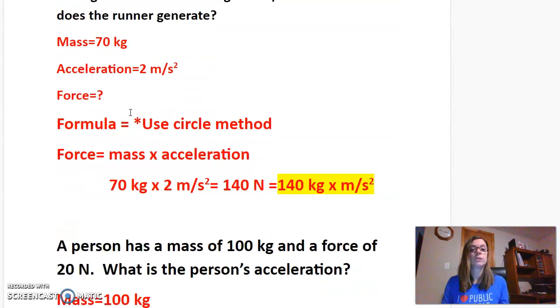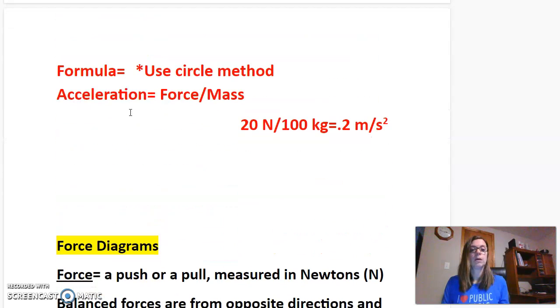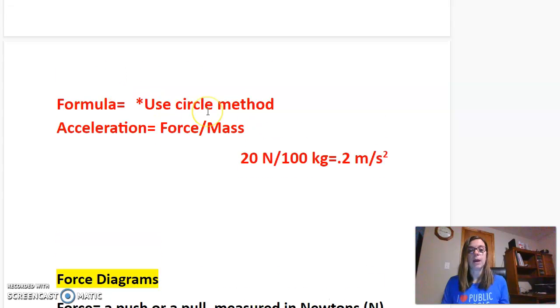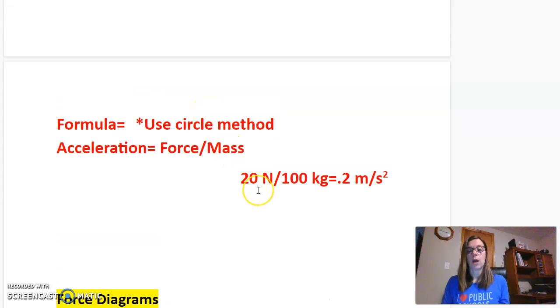If we go down to that problem again, we're taking force divided by mass, and that would mean you're taking 20 newtons divided by 100 kilograms, and that would give you 0.2. Our measurement for acceleration is usually meters per second squared, so our answer is 0.2 meters per second squared.